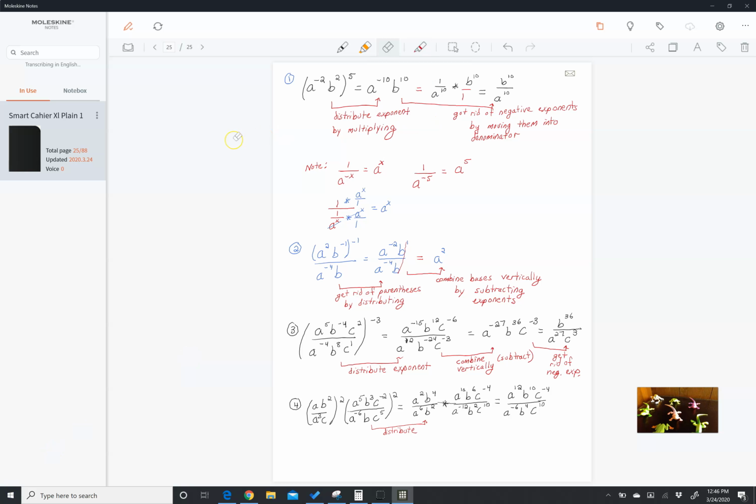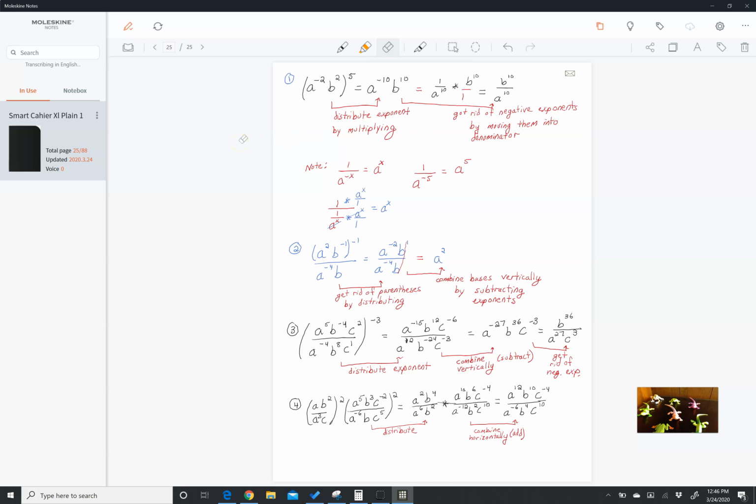So we combined horizontally. So this was the step that we were missing, and now we're doing it. This is the greatest number of steps that we'll ever have to do. It's a 4-step process. So now we're going to combine vertically.